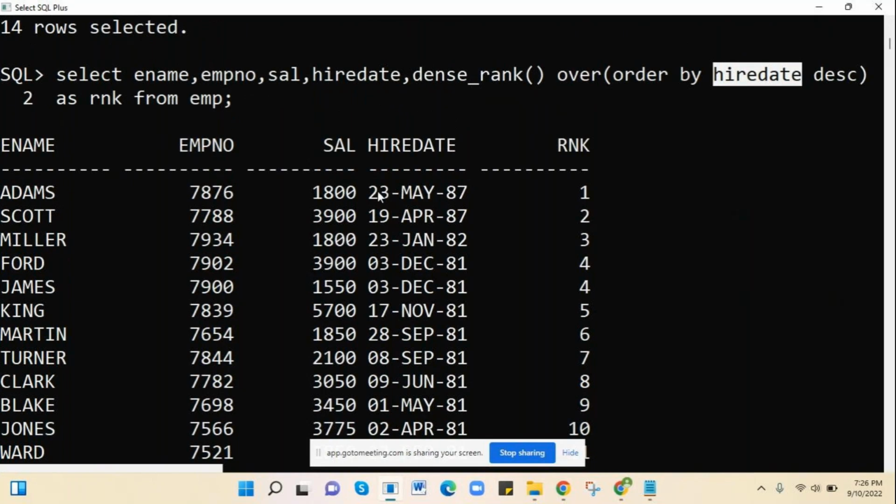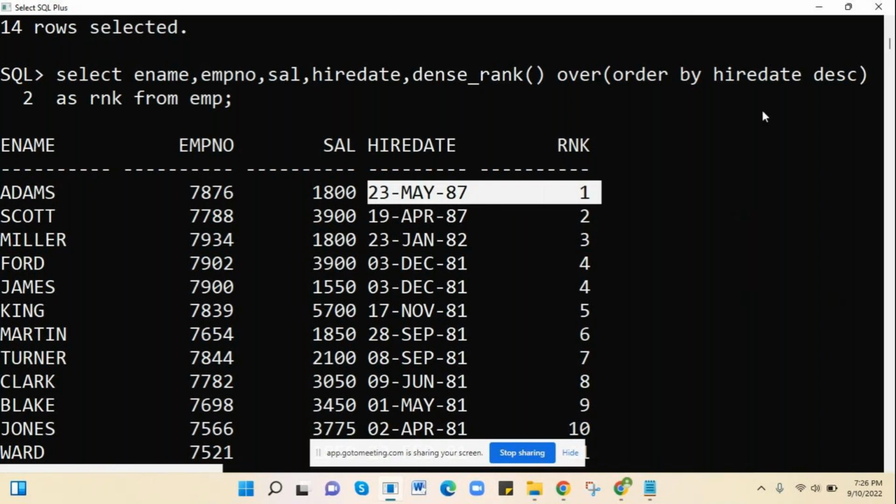You see, May 1987, rank 1. Why? Because it is descending. Descending means the newest employee. Ascending means the oldest employee, the first employee. If you want to find out the first employee, use ascending. If you want to find out the newest employee, use descending.